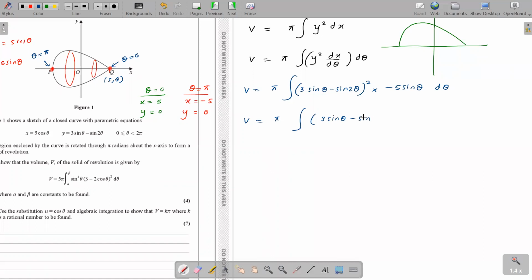It's better that we replace sine 2 theta because we don't have any 2 theta angles in our show-that. So who is sine 2 theta? 2 sine theta cos theta. Whole thing squared, into, times minus 5 sine theta.